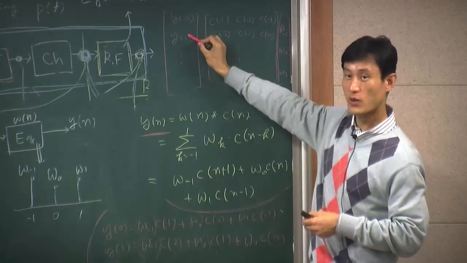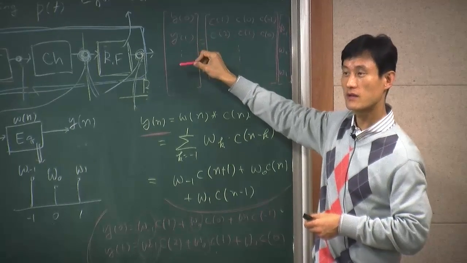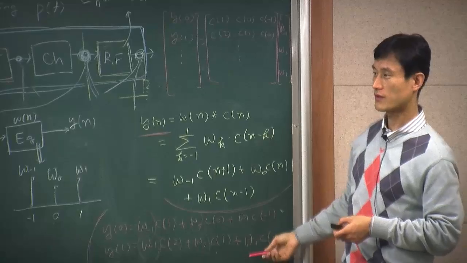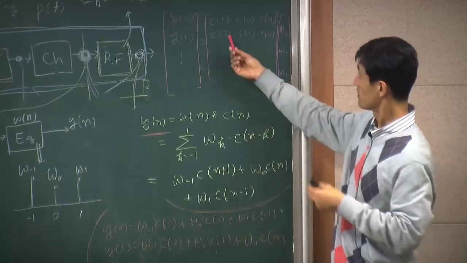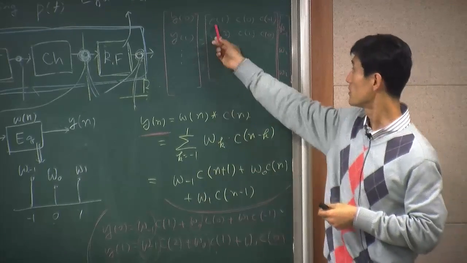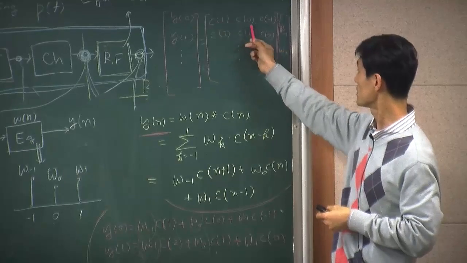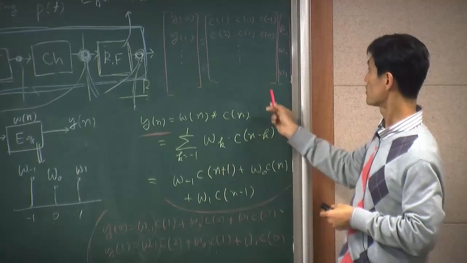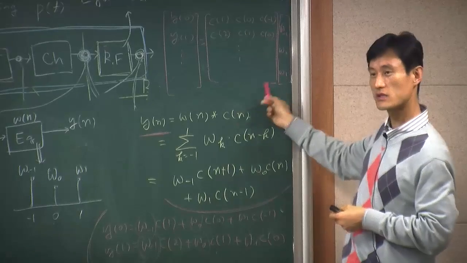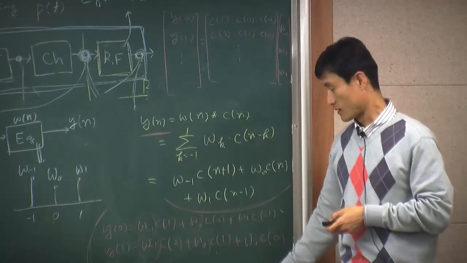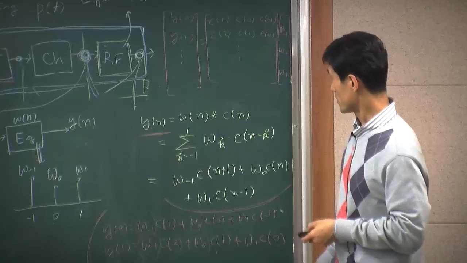When you do that, you're going to get the Y vector, so simply a matrix notation. It's basically the same: C1 times W minus 1, C0 times W0, C minus 1 times W1. That's the same as this one, and you can write it simply as a matrix.